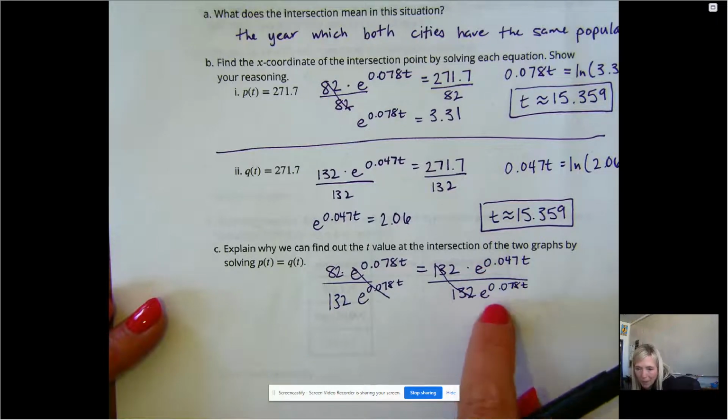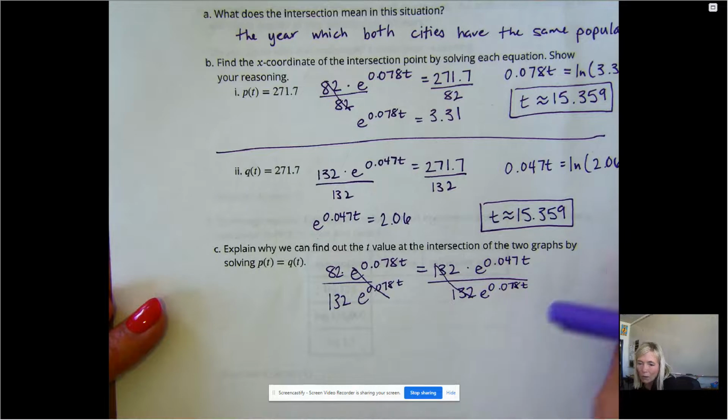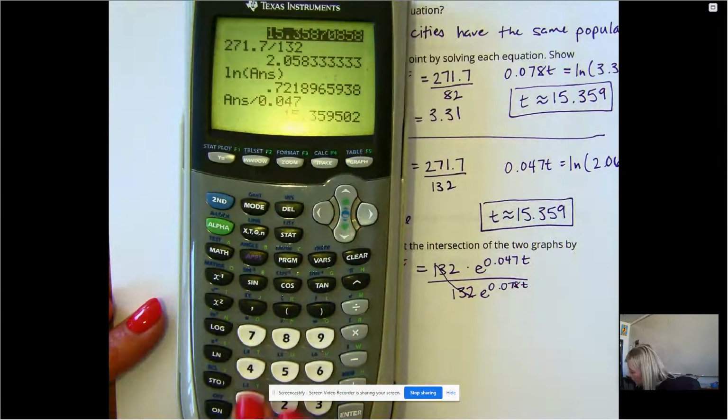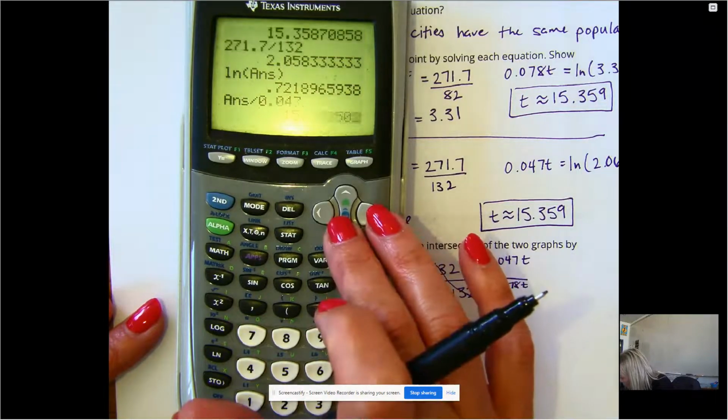When you divide powers with the same base, you subtract their exponent. So the exponent here is going to be 0.047 minus 0.078. Oh goodness, I'm in the wrong screen, sorry.